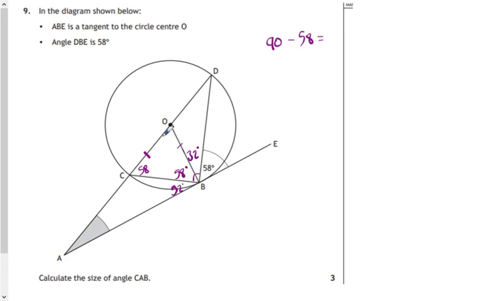The angles in a triangle add up to be 180. So 180 minus 116 gives us 64 degrees in this corner here.